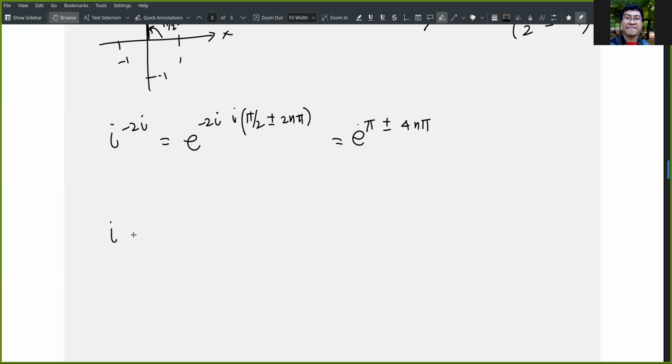So i to the minus 2i equals e to the power of pi plus minus 4n pi. So that could be e to the power of, say if n is 0, so that's pi. If n is 1, that could be e to the minus 3 pi, or e to the 5 pi, and so on.